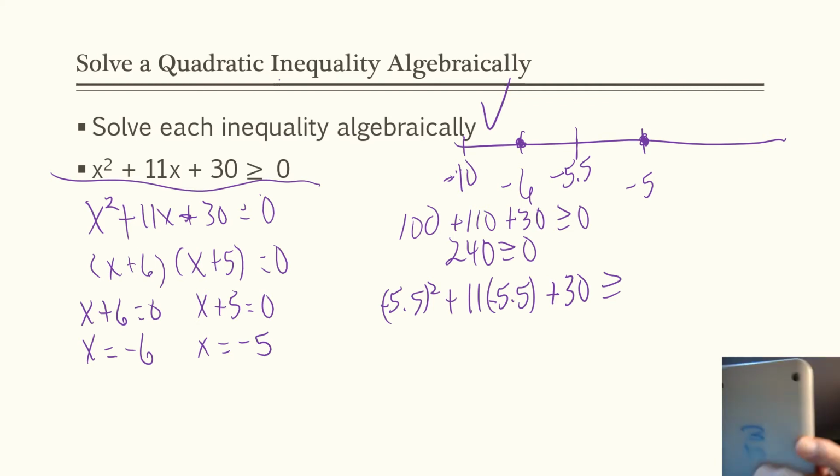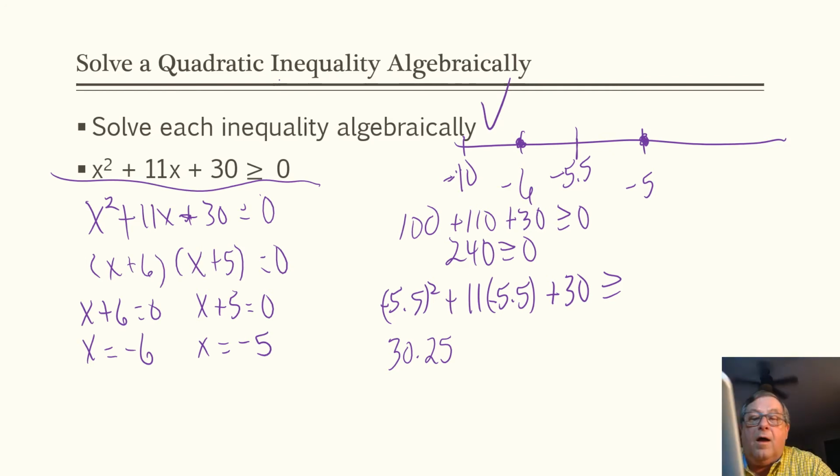All right, -5.5 squared. That's 30.25. And then 11 times -5.5. Well, that's negative 60.5 plus 30. We're asking ourselves, is this greater than or equal to 0?